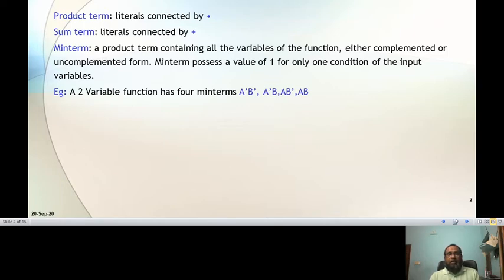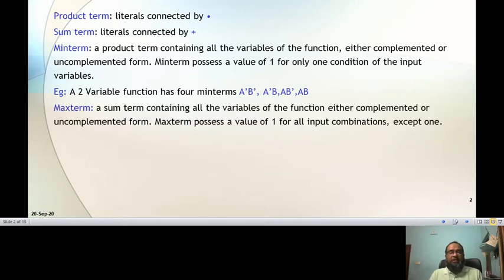Among these four, only one will give the output 1, that is a b. For all the others, a bar b bar, a bar b, and a b bar, the output is 0. So, only 1 out of 4 gives the output 1, that is why it is called a minterm.